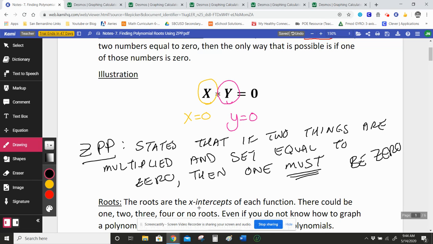And by one, I mean one term. I said things there, I should probably be more precise. So if we have two terms that are multiplied together and set equal to zero, then one of those terms must be zero for this to be true. This is the zero product property.